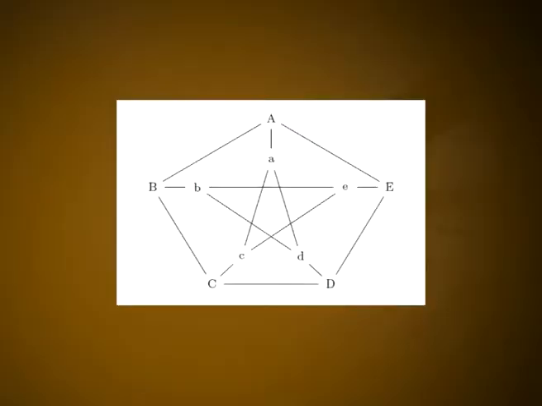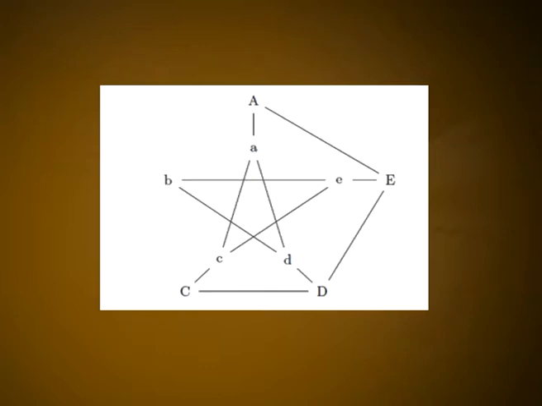For example, here is a graph given on the screen, which is known as the Petersen graph after the Danish mathematician Julius Petersen. This is not planar. The offending subgraph is the whole graph except for the node B and the edges that connect to B. This subgraph shown in the figure is a subdivision of K33.